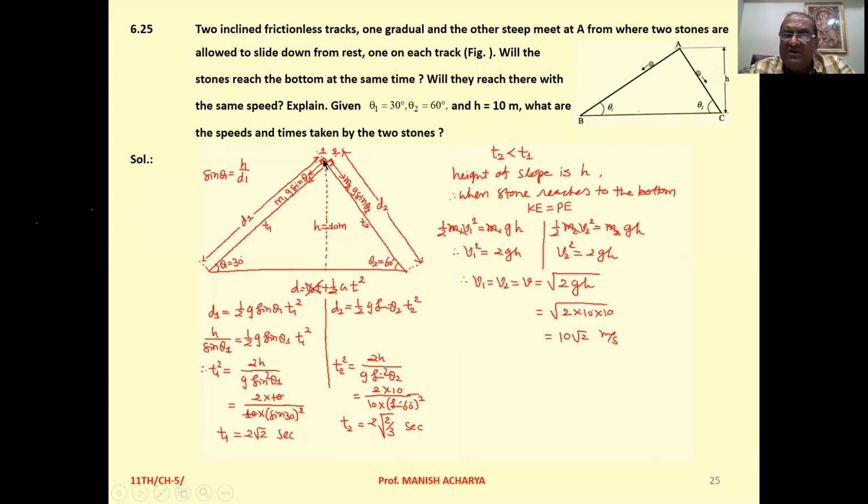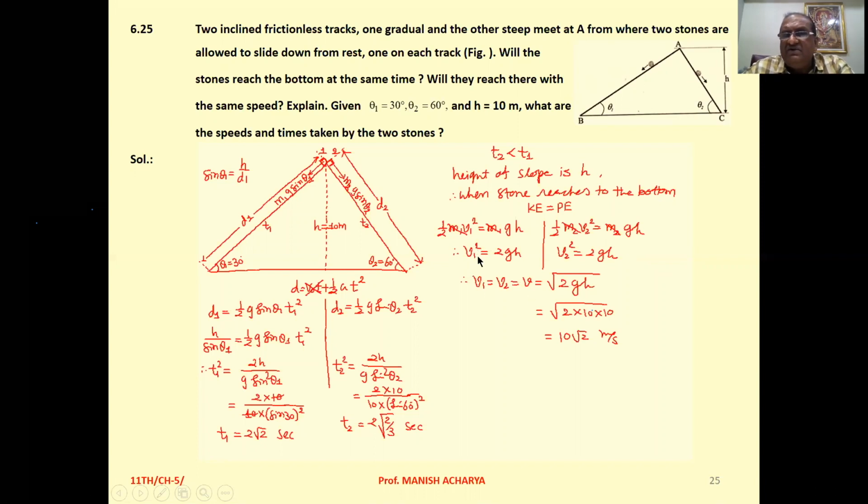So when the stone reaches the bottom, entire potential energy will be converted into kinetic energy. So we can write, when stone reaches the bottom, kinetic energy equals the potential energy. So half m1 v1 square equal to m1 gh for stone 1, and half m2 v2 square equal to m2 gh for stone 2.